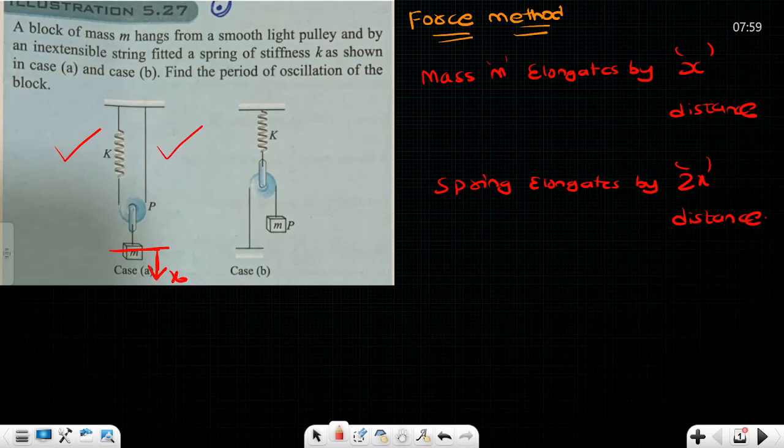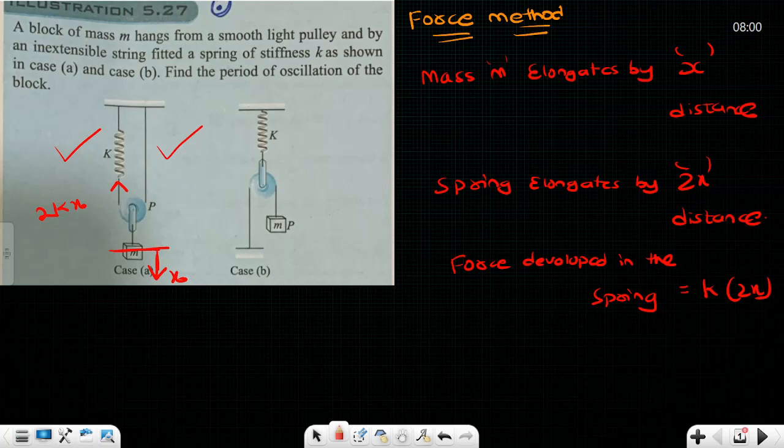Now if spring elongates by 2x distance, force developed in the spring will be k into 2x. Therefore, the tension in this wire will become 2kx.